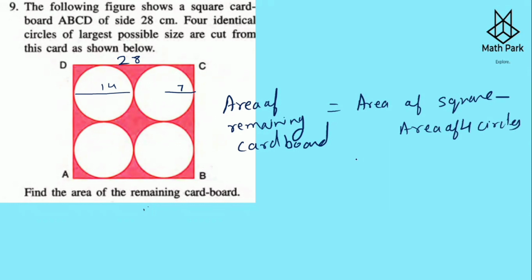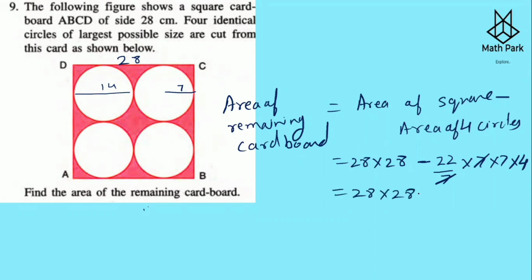Area of square is 28 times 28, and area of 4 circles is 4 pi r square. Pi is 22 by 7, radius is 7, so 7 and 7 get cancelled. 7 fours are 28. So we have 28 times 28 minus 22 times 28.